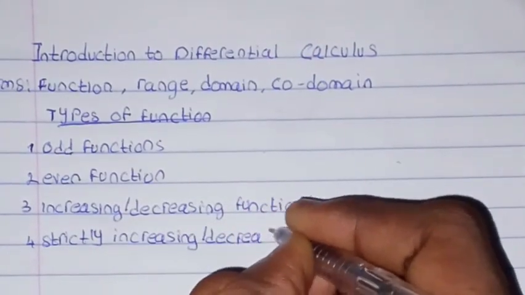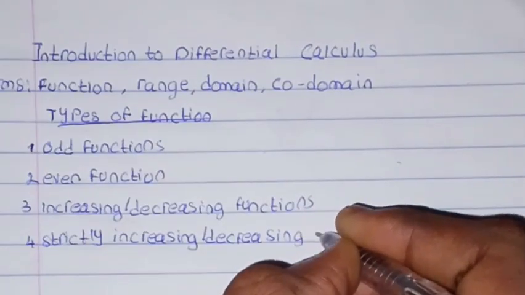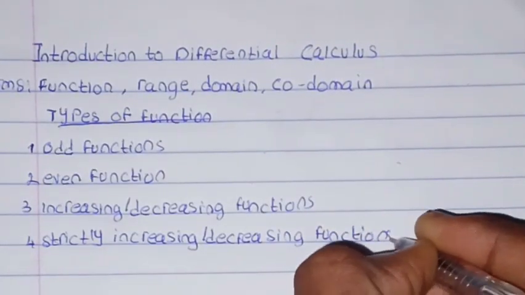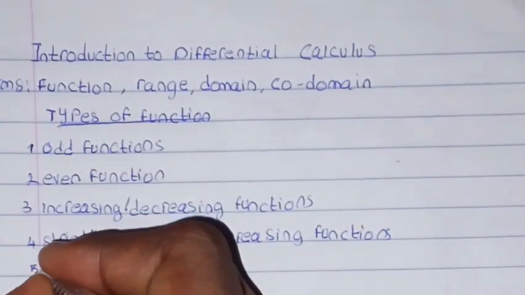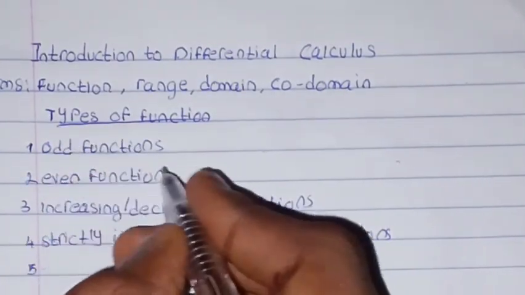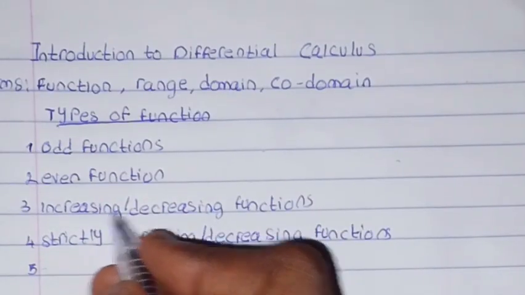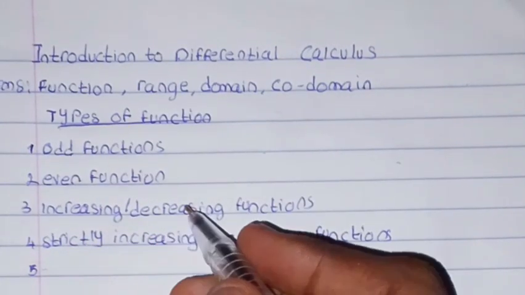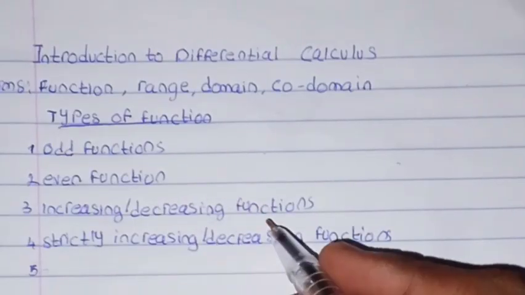Then we'll talk about how to find the range of a function. But other types of functions, we have odd functions, even functions, increasing and decreasing functions, then also strictly increasing or decreasing functions.